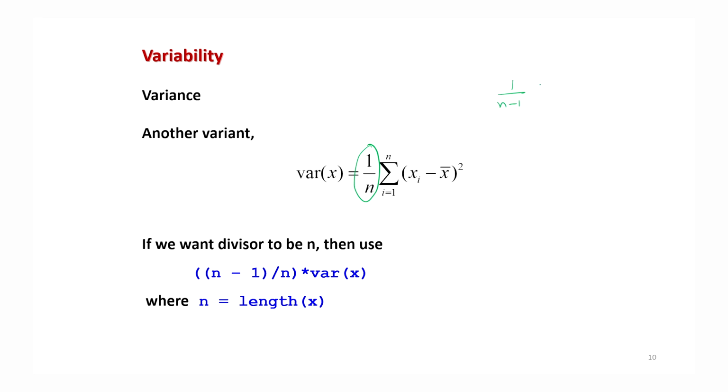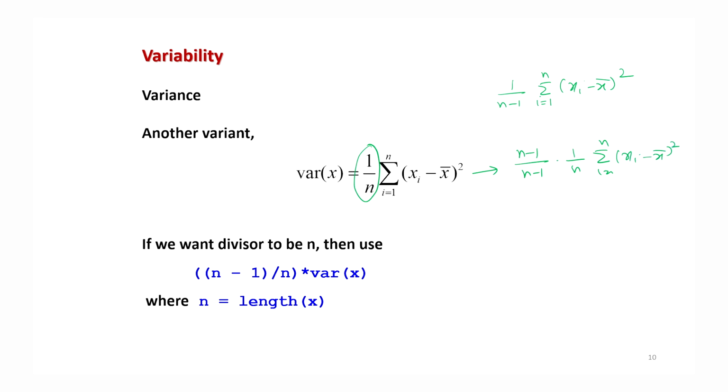R is computing this quantity: 1 over n minus 1, i goes from 1 to n, (xi minus x bar) whole square. Now if you want to find the quantity with divisor n, I can multiply and divide by n minus 1, and then this becomes summation i goes from 1 to n, (xi minus x bar) whole square, times 1 upon n.